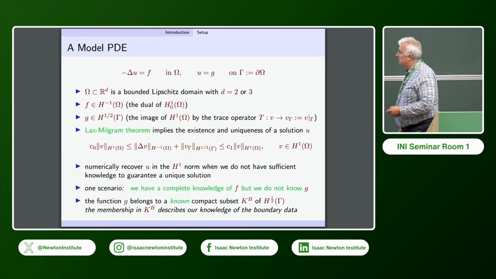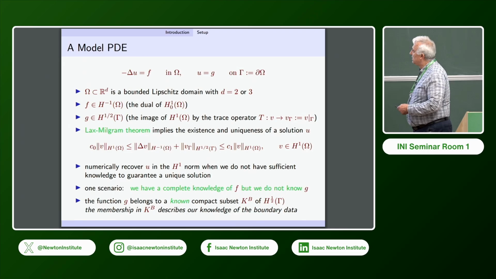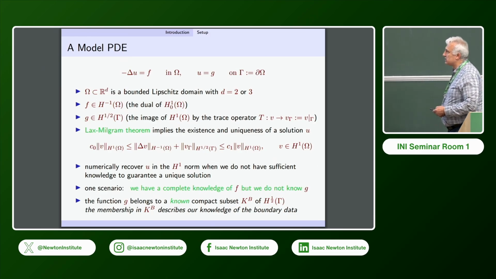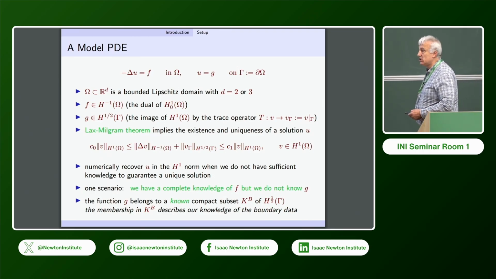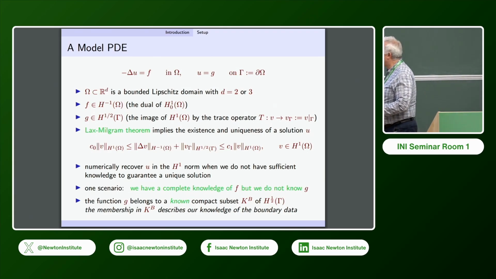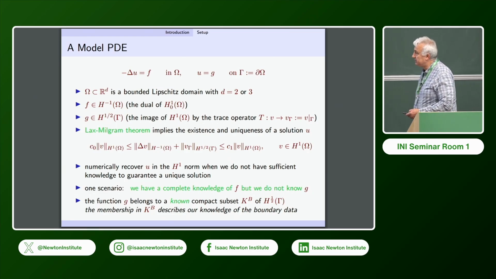So then for the numerical recovery of U, we don't have enough knowledge to recover the function if we don't know the boundary G. So what we assume is that G belongs to a known compact set, which we usually take as a unit ball in H1/2 of the boundary Gamma, and then we want to describe our knowledge through this compact set.